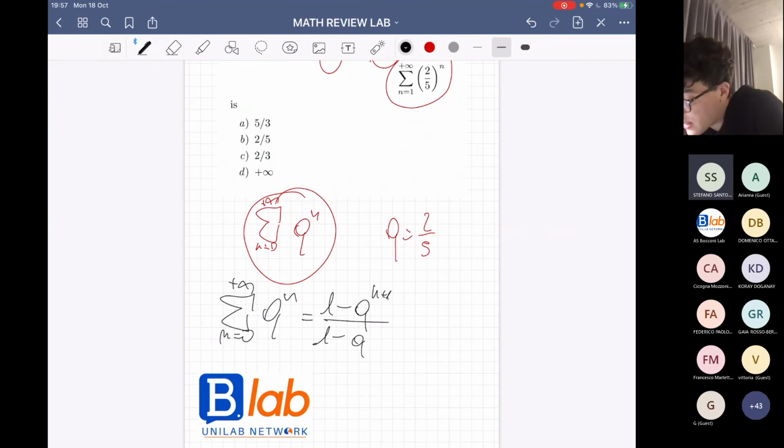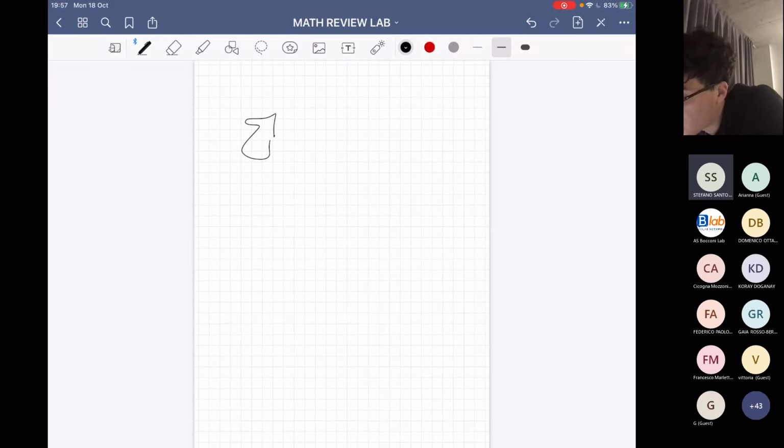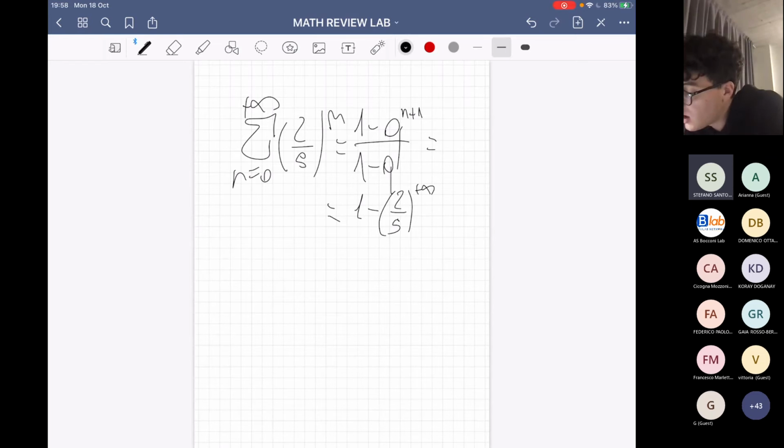We use exactly this formula, and we say that the sum of 2 over 5, if I remember correctly, to the power of n, as n goes from 0 to positive infinity, is exactly equal to (1 minus q to the power of n plus 1, sorry) over (1 minus q). So it's simply 1 minus 2/5 to the n plus 1, with n tending to positive infinity, over 1 minus 2 over 5.